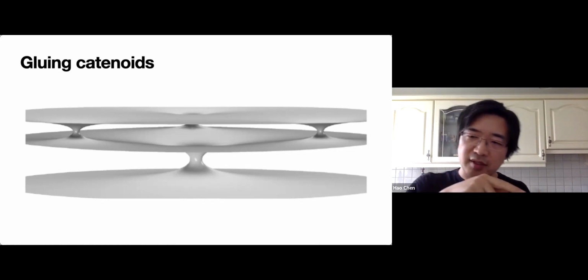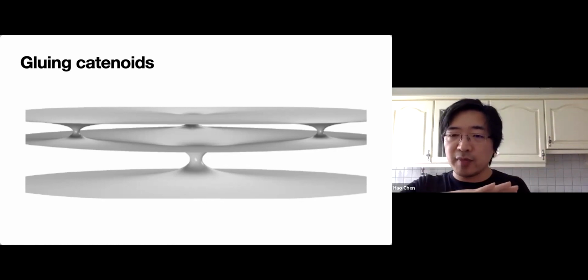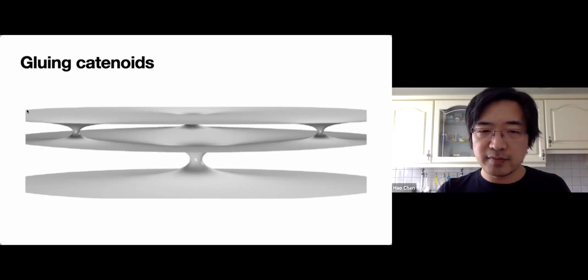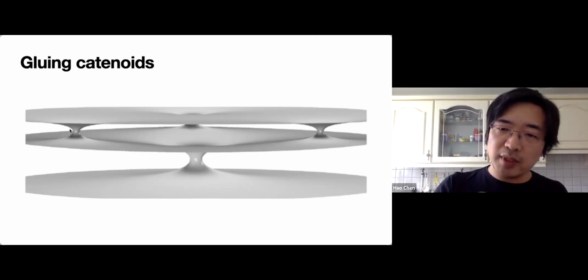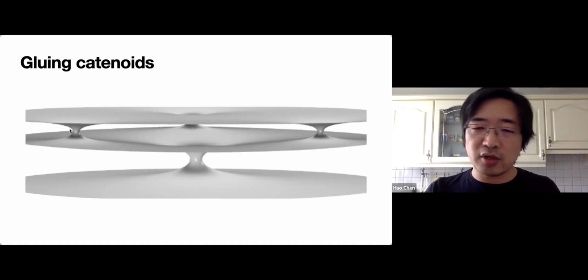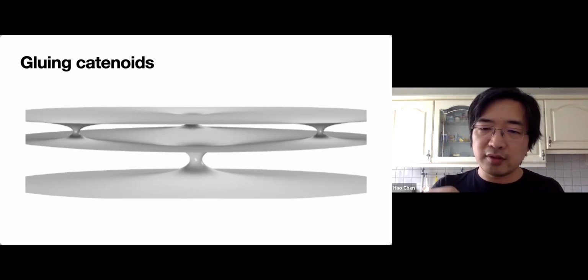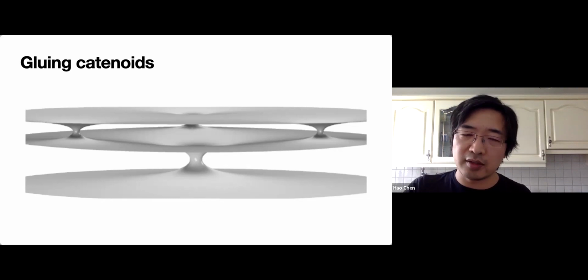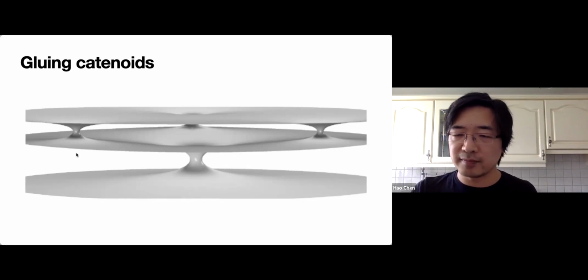So more specifically, each plane is a Riemann sphere, and they are punctured. The punctures will be identified into nodes. And after you open the nodes, they will become very tiny catenoids.